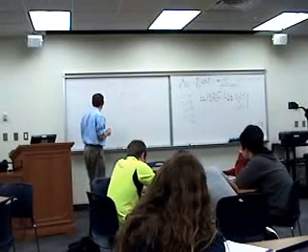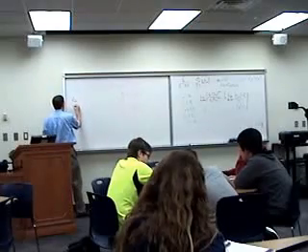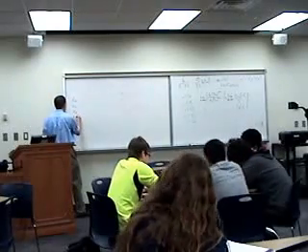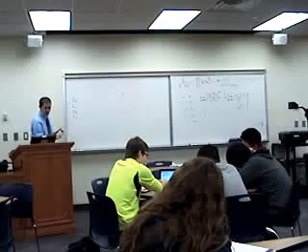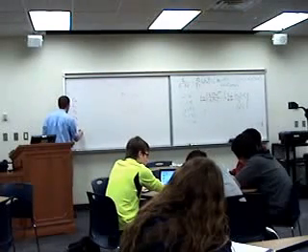Now to get your coefficients, because that's what we're looking for in this one, they want c sub 0, c sub 1, c sub 2, c sub 3, c sub 2n, c sub 2n plus 1.